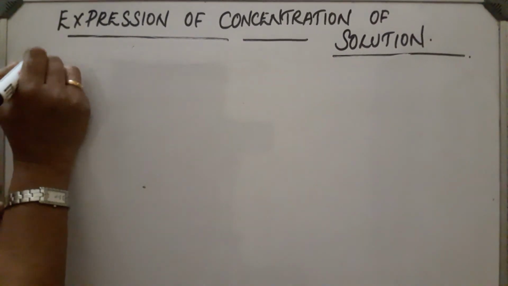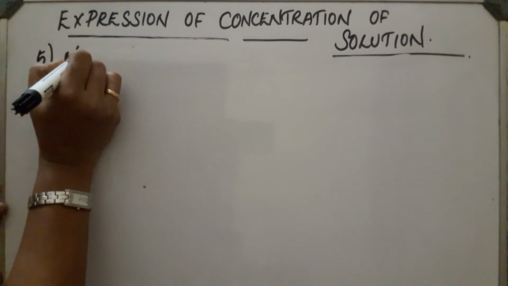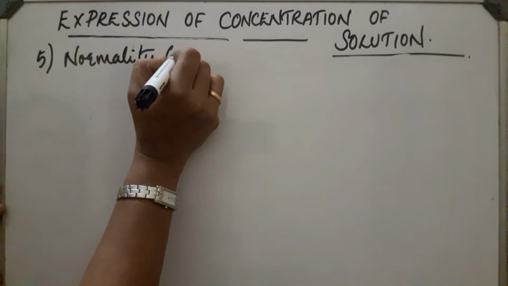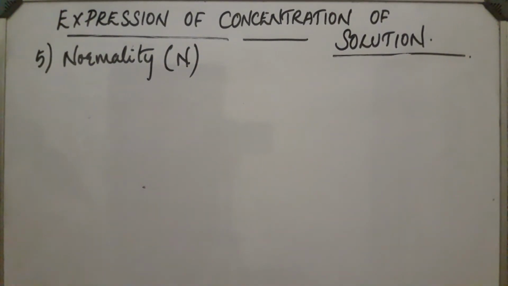Fifth one is normality, denoted by capital N. So what do we mean by normality?